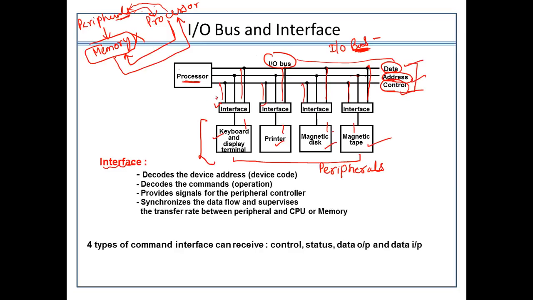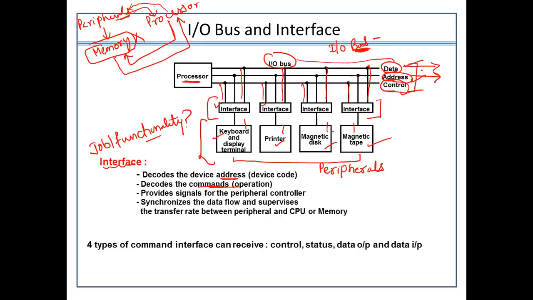Now, what are the jobs or functionality of this interface? It decodes the device address, so that address will be decoded and go from the address line. And it decodes the commands or operations, meaning what to do with the data and what kind of operation we need to perform.